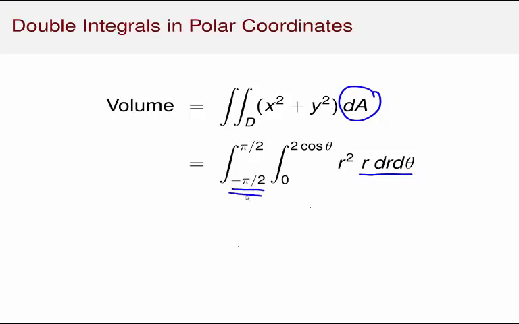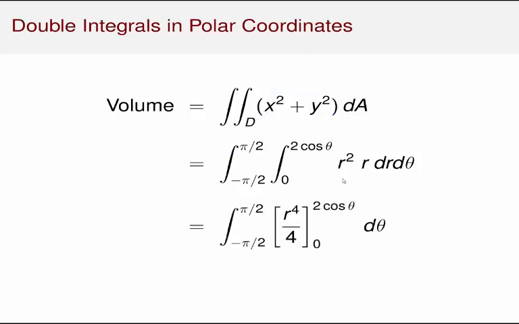Namely, we have negative pi over 2 in the lower bound and pi over 2 in the upper bound. And furthermore, the variable r in the middle is bounded between 0 and 2 cosine theta. And of course, the integrand x squared plus y squared has been replaced by r squared. So after evaluating the inner integrals, we have the following integral in terms of theta.